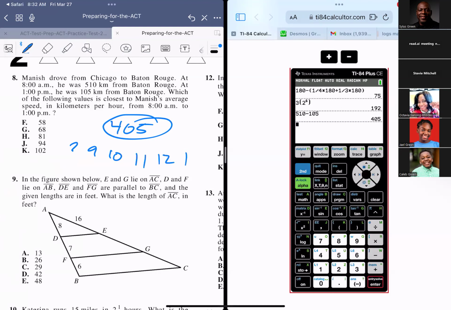That's 5 hours. So if you traveled 405 kilometers in 5 hours, then it's asking for the average speed. So in kilometers per hour, 405 divided by 5.